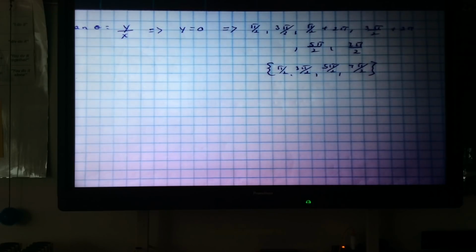When I get back to this one, I've got 3 pi over 2 plus 2 pi, which is 7 pi over 2. And then I'm back to 4 pi. That's where I stop. If I go to 6 pi, I would take this and add 2 pi to it, add another 2 pi down here, and then stop when I get back to 0. So you just basically add 2 to each of the stops? Yes, 2 pi. Okay.